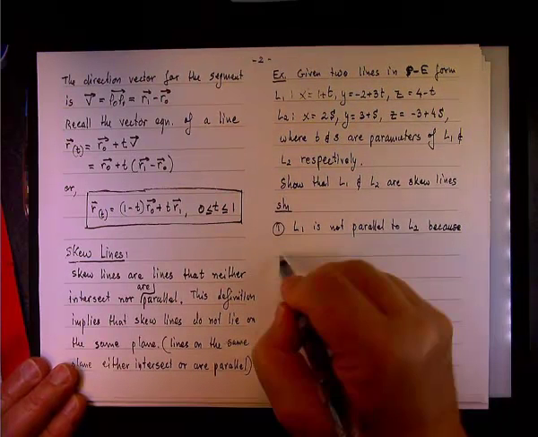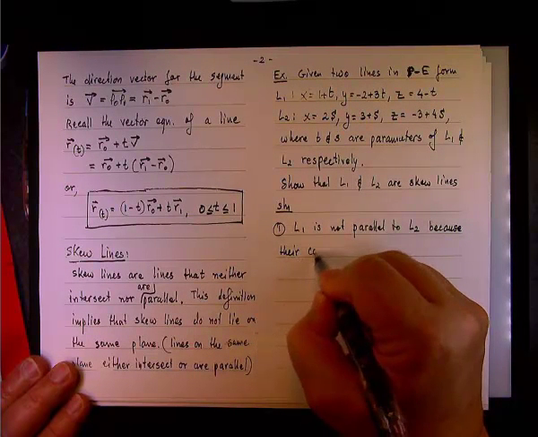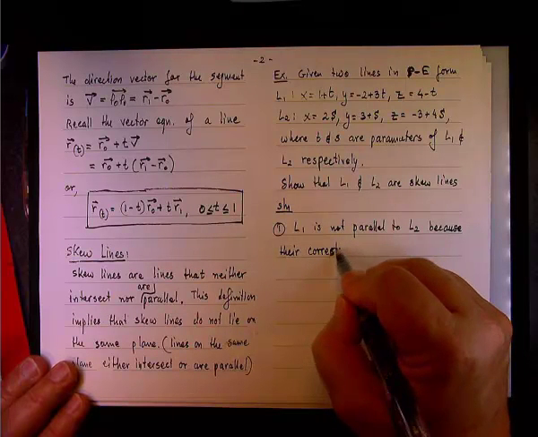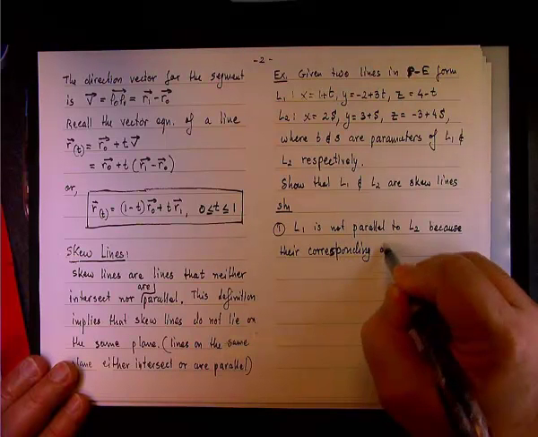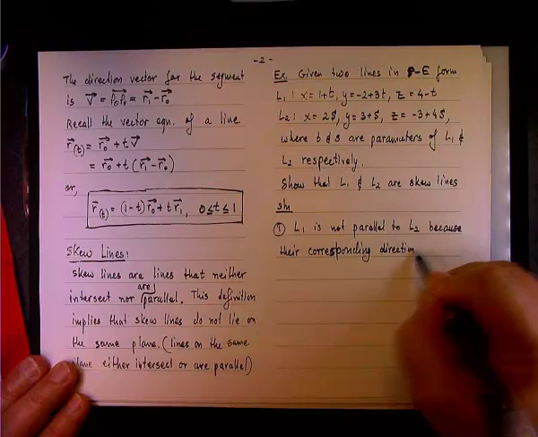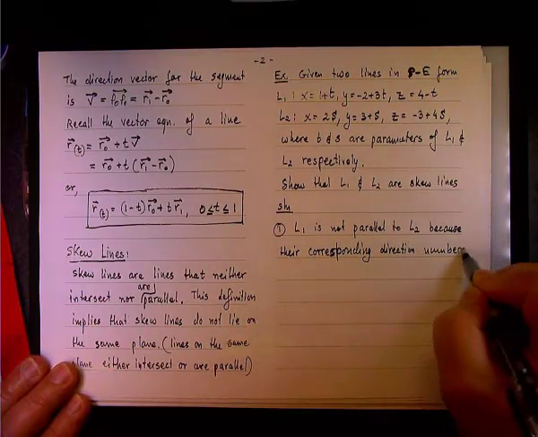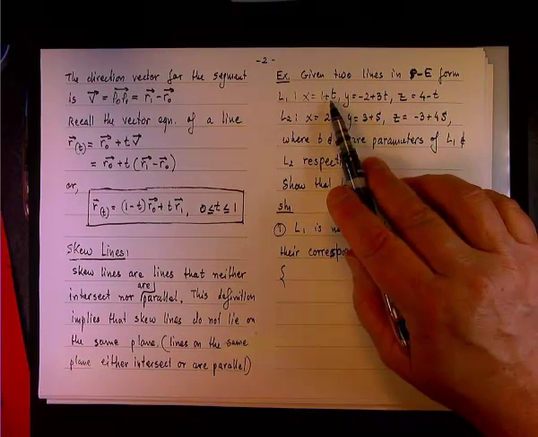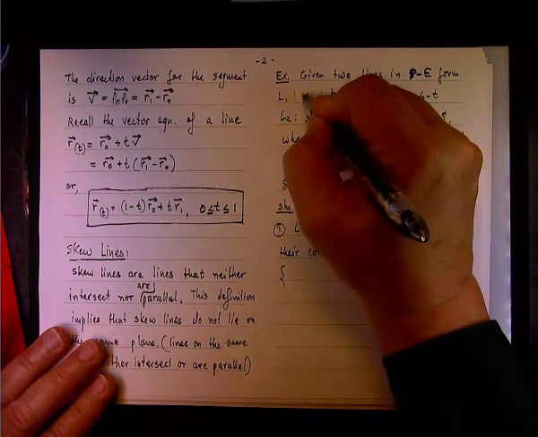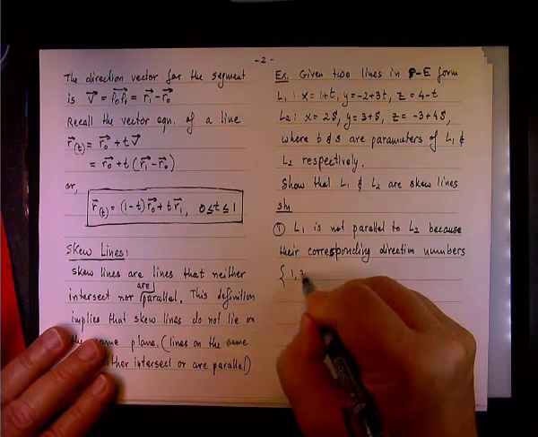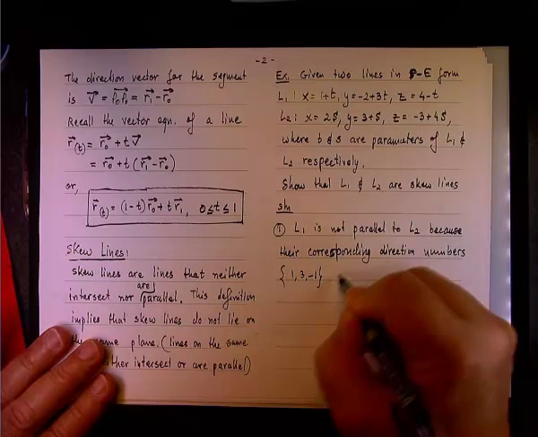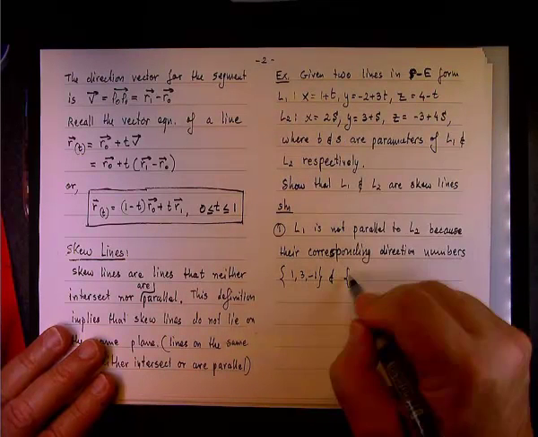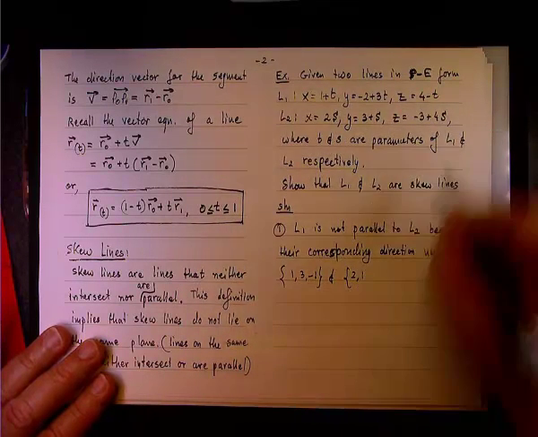We're going to say that they are not parallel because their corresponding direction numbers, remember the direction number a, b, c multiplies t.